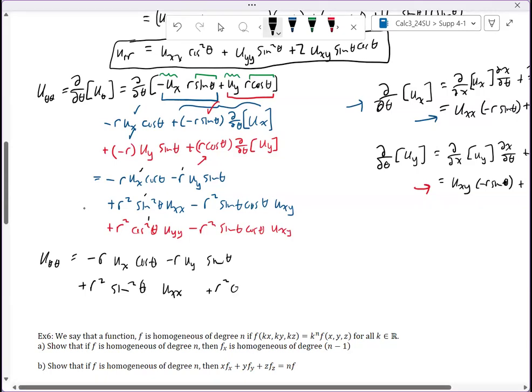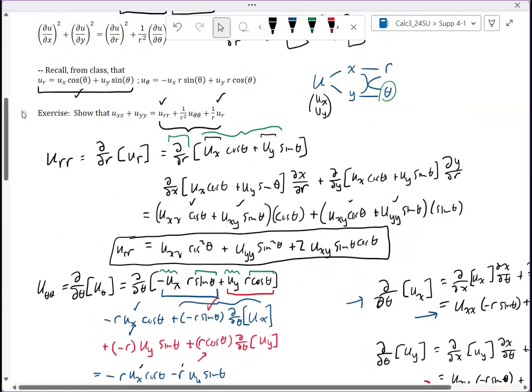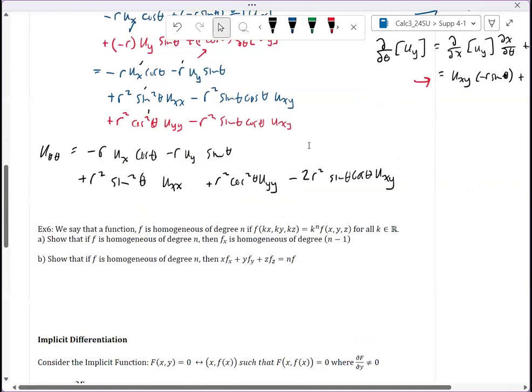Plus r squared cos squared theta u_yy. And then a minus 2 r squared sine theta cos theta u_xy. Okay, and then what is the relationship that we're looking for? We'll just pop this down here.